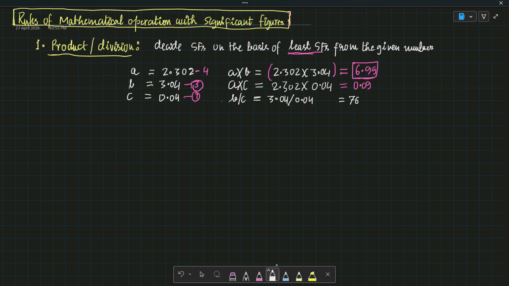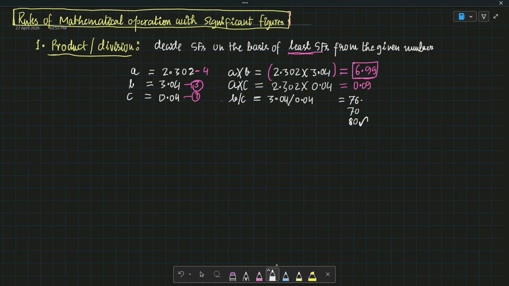In this case we have to take only one significant figure, so we need to round off. We can either choose 70 or 80. Hopefully 80 is the right answer.